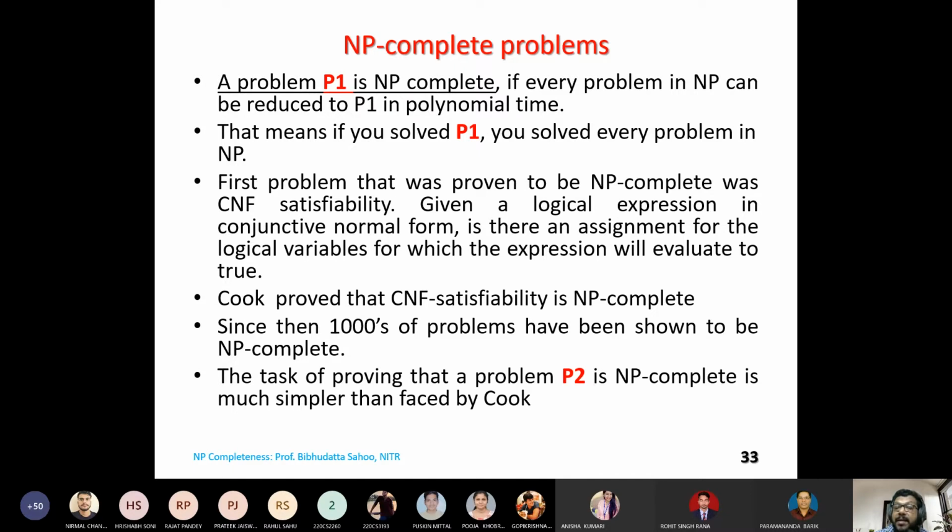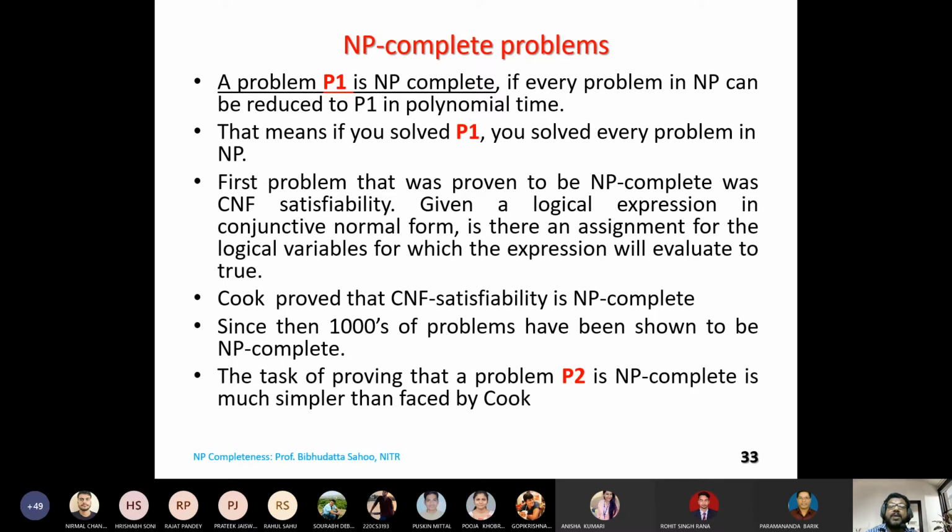If you remember the diagram, every problem is in NP. NP is a larger space, P1 is a smaller one. If any problem for which we do not have a polynomial time algorithm can be reduced to an NP complete problem, this means if you have solved P1, then you solve every problem in NP.